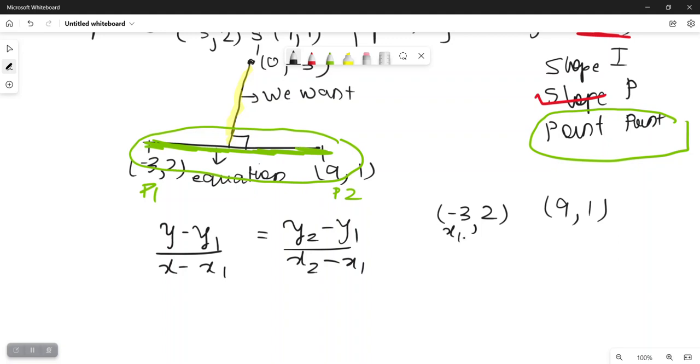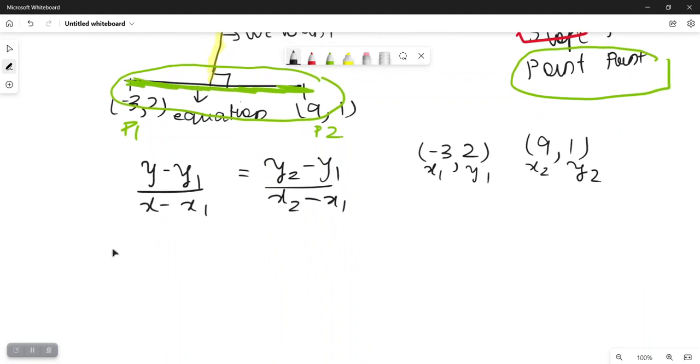Take -3 as x1, 2 as y1, 9 as x2, and 1 as y2. Just substitute in this: y minus 2 upon x minus -3.